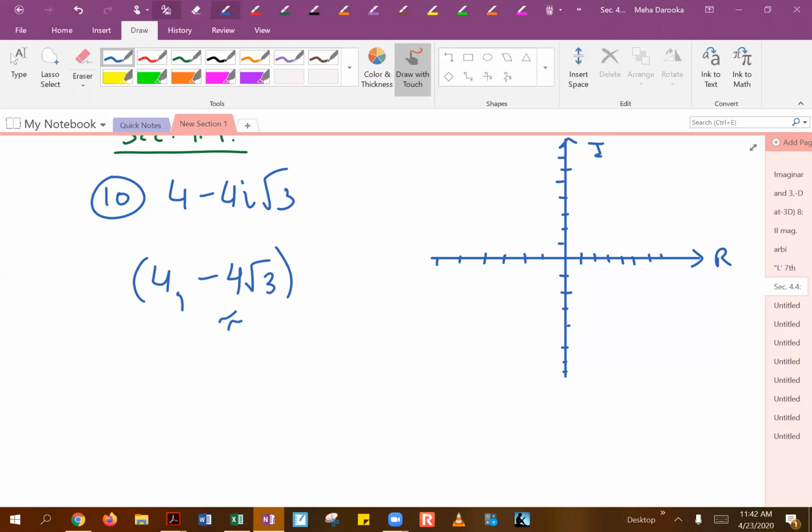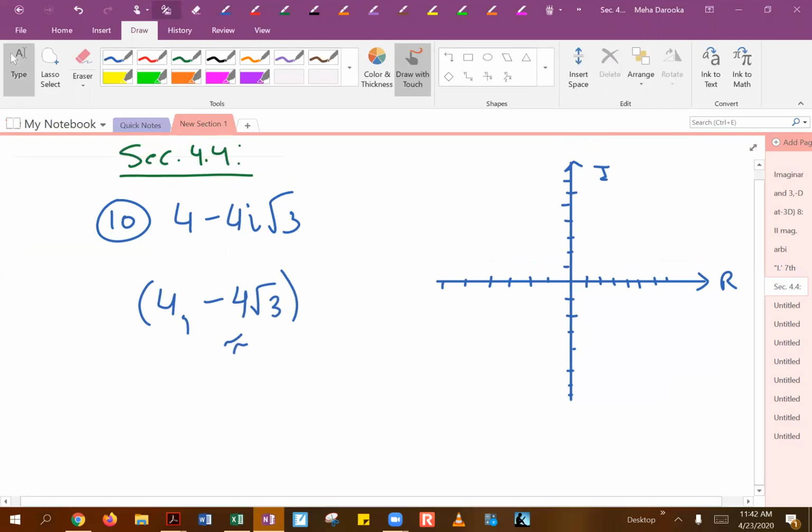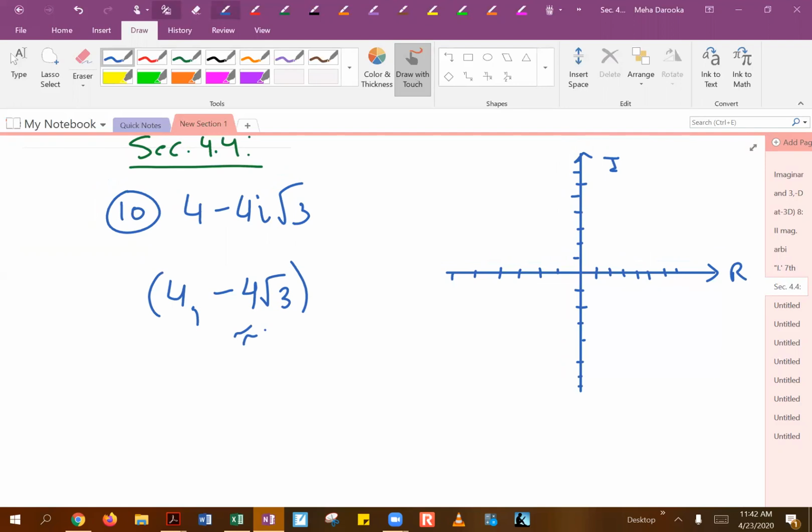But we know this guy is approximately going to be close to -7. So what quadrant does this fall into? Quadrant 2? No, wait. Quadrant 4, sorry. Quadrant 4, yeah, because you have the positive real and the negative imaginary.